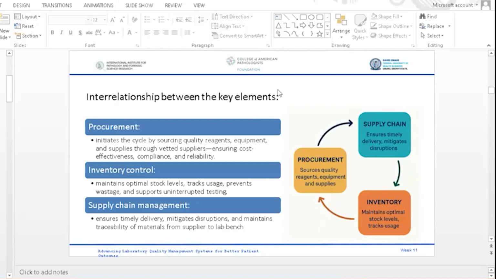Inventory control maintains optimal stock levels. It ensures that usage is tracked. It prevents wastage and supports uninterrupted testing. While supply management ensures timely delivery, mitigates disruptions, and maintains traceability of materials from supplier to the lab bench. If you look at this diagram, you see how they are interrelated.